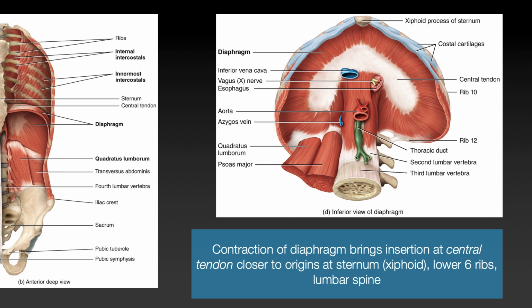The central tendon is drawn down. When you contract the diaphragm, the central tendon is drawn down. The container gets bigger. There's more space in the thoracic cavity. More space means less pressure, and air moves in.